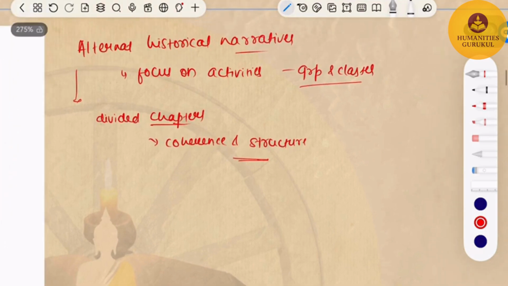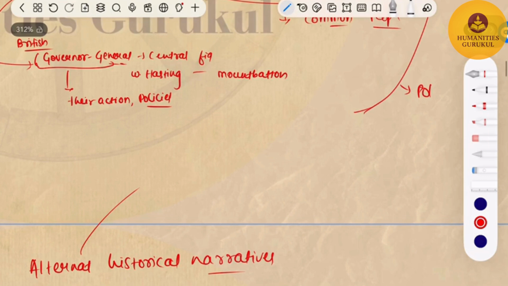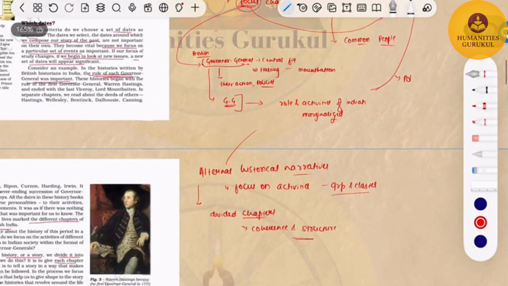So as I told you, in the history of governor general, the role and activities of Indians are often marginalized. Like we just leave this important topic. Why? Because we are too much obsessed with studying about governor general.